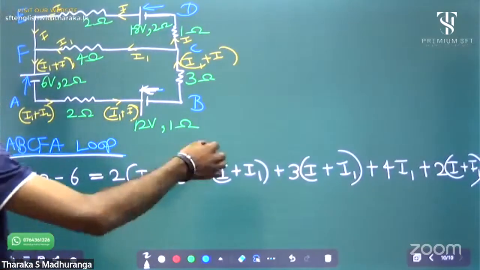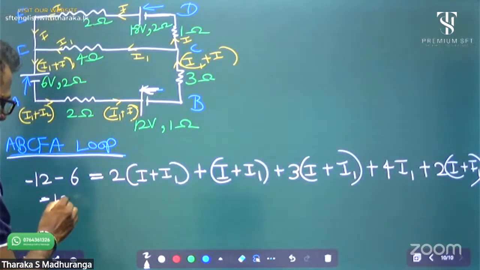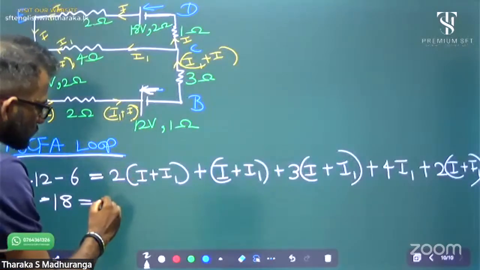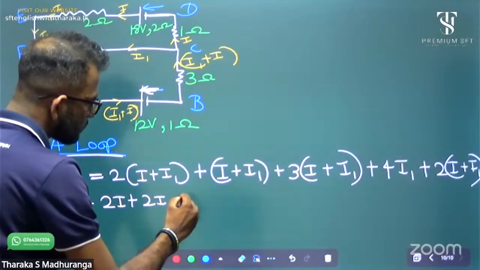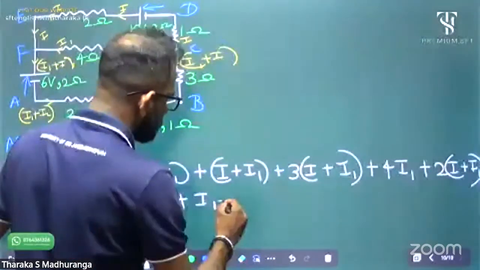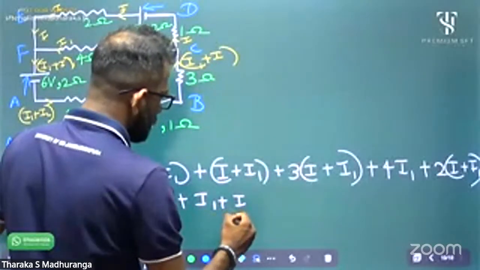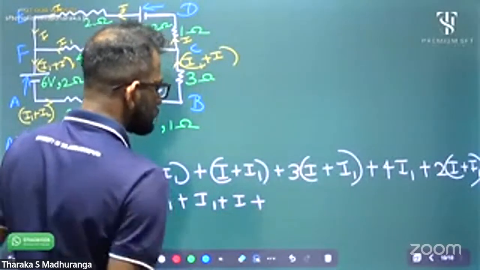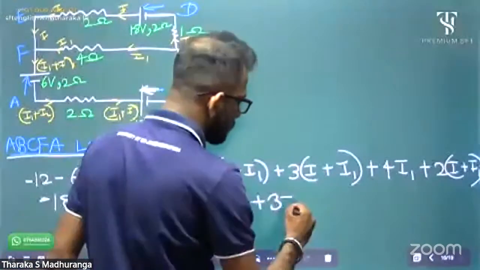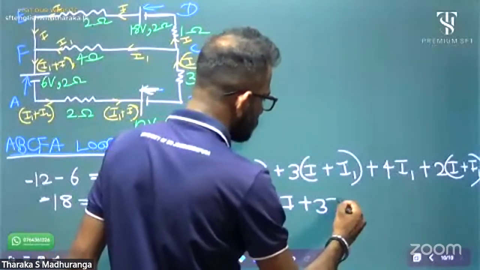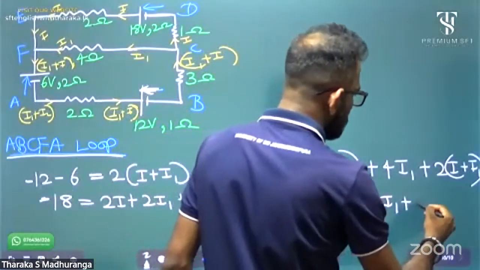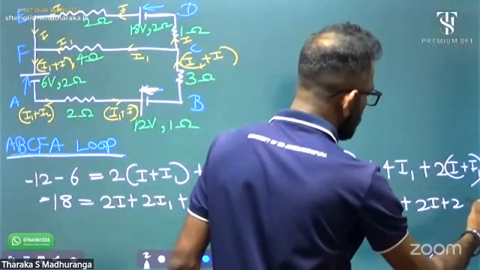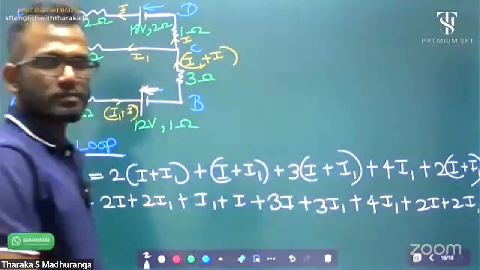Okay, it's a very long one, right? Minus 18 equal to I plus 2I1 plus I1 plus I plus 3I plus 3I1 plus 4I1 plus 2I plus 2I1. It's a very long one.